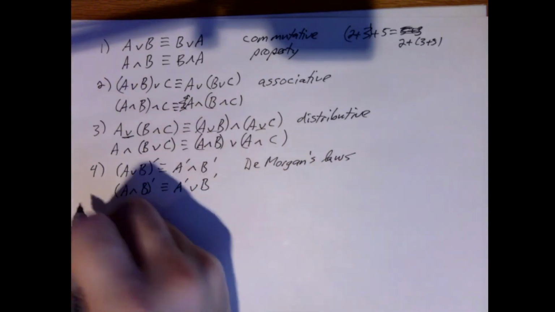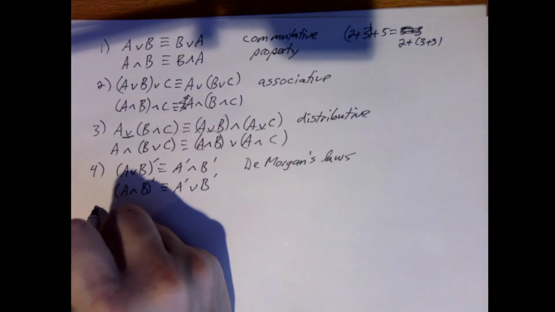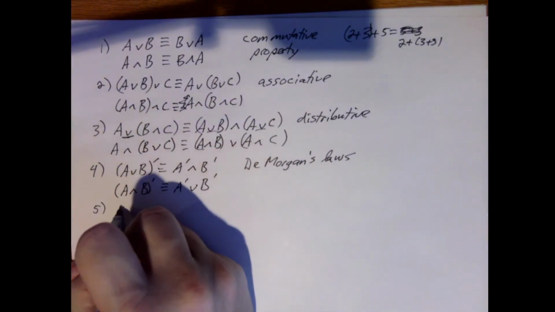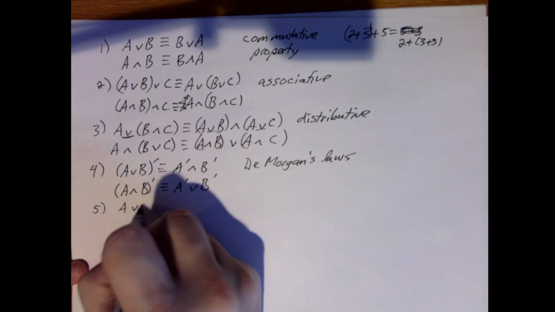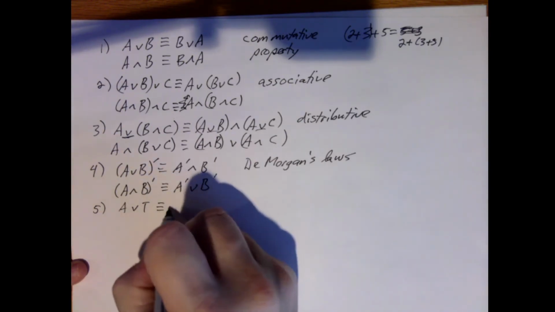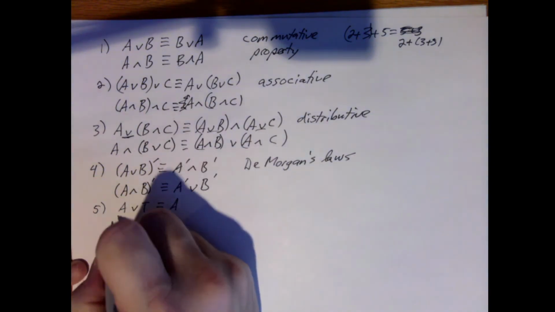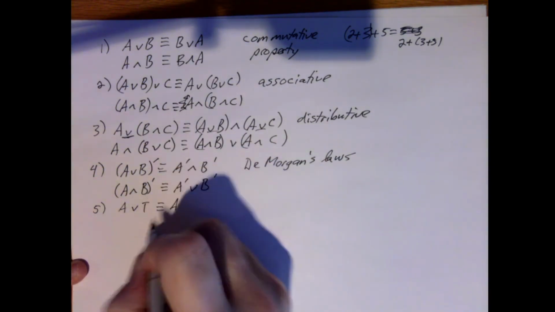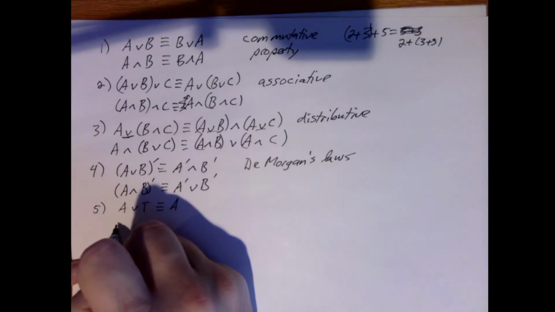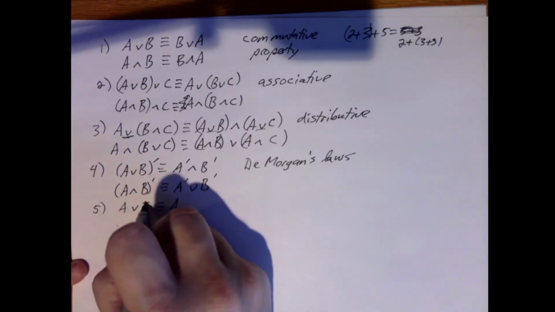Okay? We've already seen this. A or false is just whatever A is. Or actually, we didn't quite see it, but that's the case. Or excuse me, this is false.